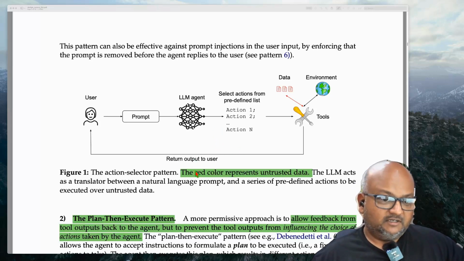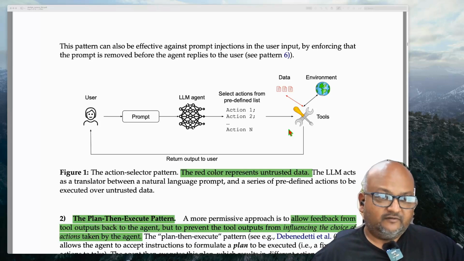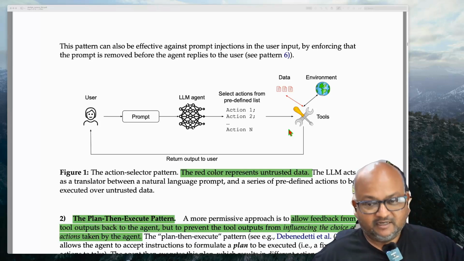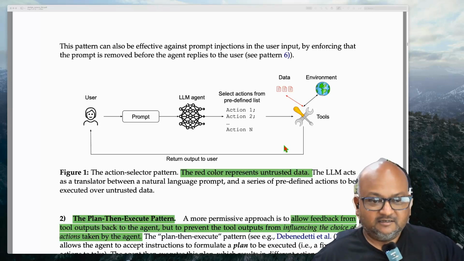It is also an example of the utility-security trade-off because you can imagine many applications, like, for example, all the coding agents that we have today that really need the feedback from these tools. For example, the feedback from running tests and then looking at test failures. That is crucial to having a good coding agent. But that pattern is disallowed in this setup.